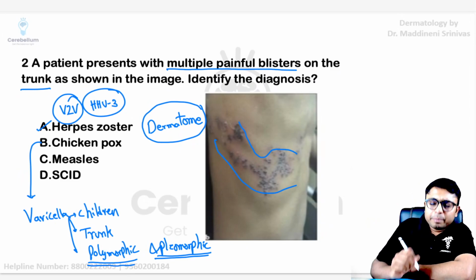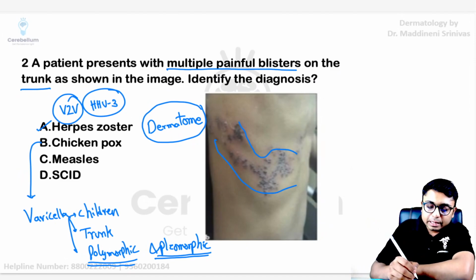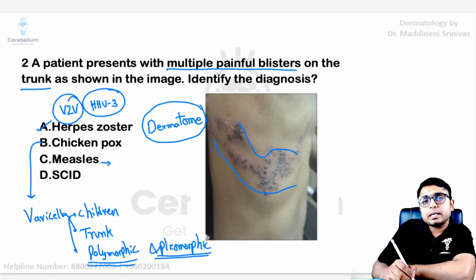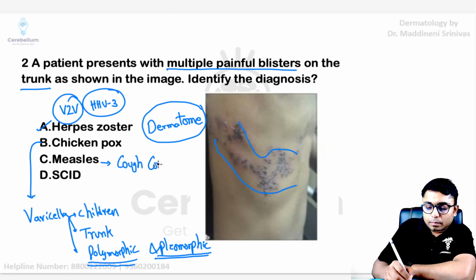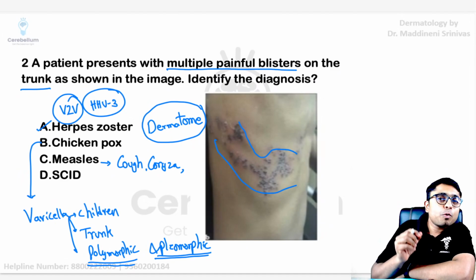In measles, please remember the lesions are going to be maculopapular, and along with that in the history there is going to be a mention of cough, coryza, and also a mention of Koplik's spots, which are pathognomonic for measles.